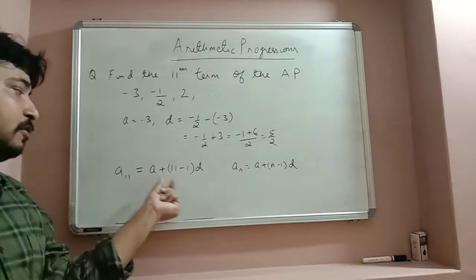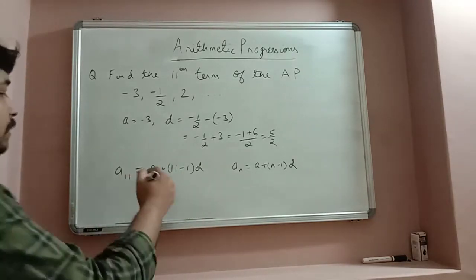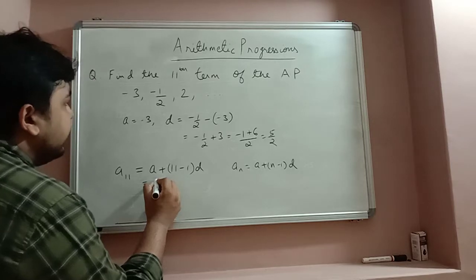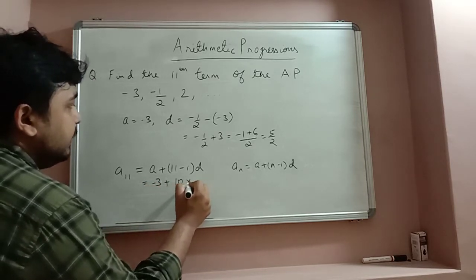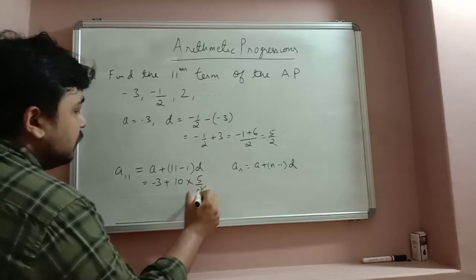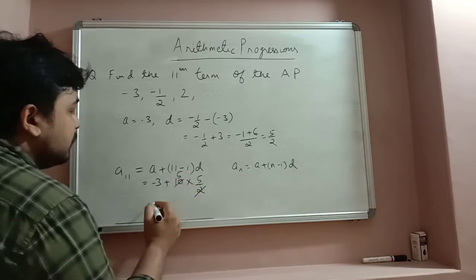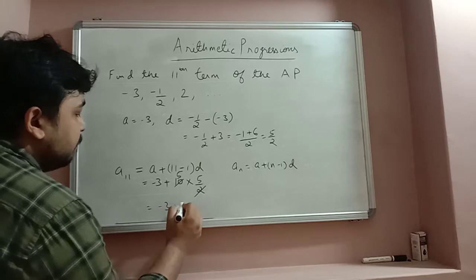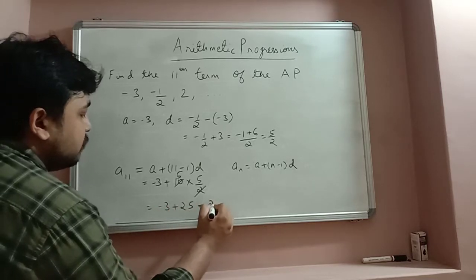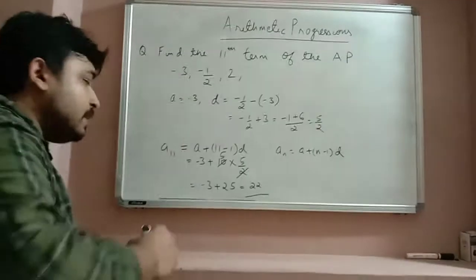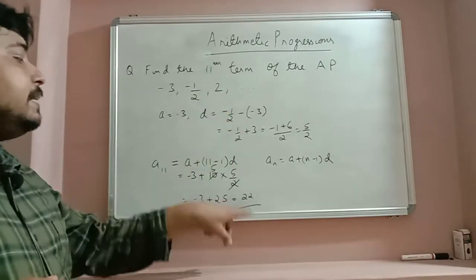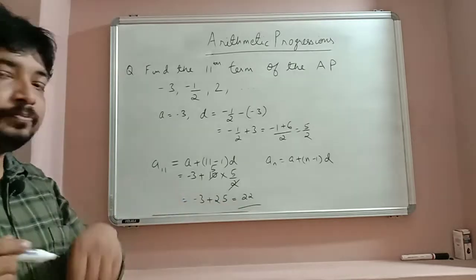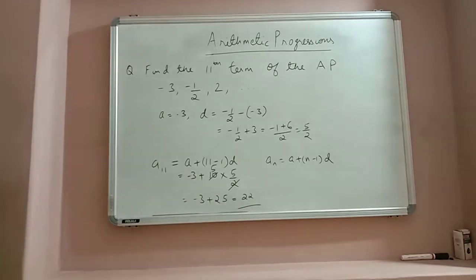Now we'll just put the values of a and d in order to find this value. So this turns out to be a is minus 3 plus 10 times d. d is 5 by 2. 2 ones are 2, 5 twos are 10... so this turns out to be minus 3 plus 25, which is equal to 22. So the answer to this question is 22. So the 11th term of the AP is 22. I hope this is clear to everyone.